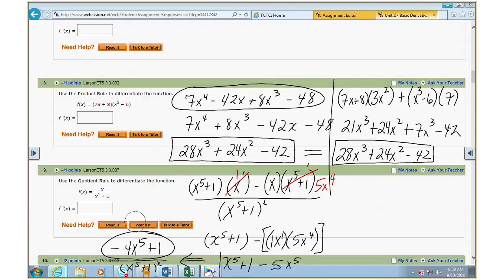All right, do it another way. Actually, there's two other ways you can do it. One is bring x to the fifth plus 1 up. The other would be bring the x down.